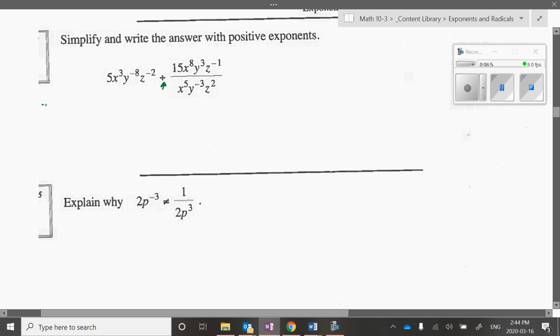So what I mean by that is my first term stays the same, and then I multiply by my reciprocal. So the denominator moves up, and my numerator moves down.